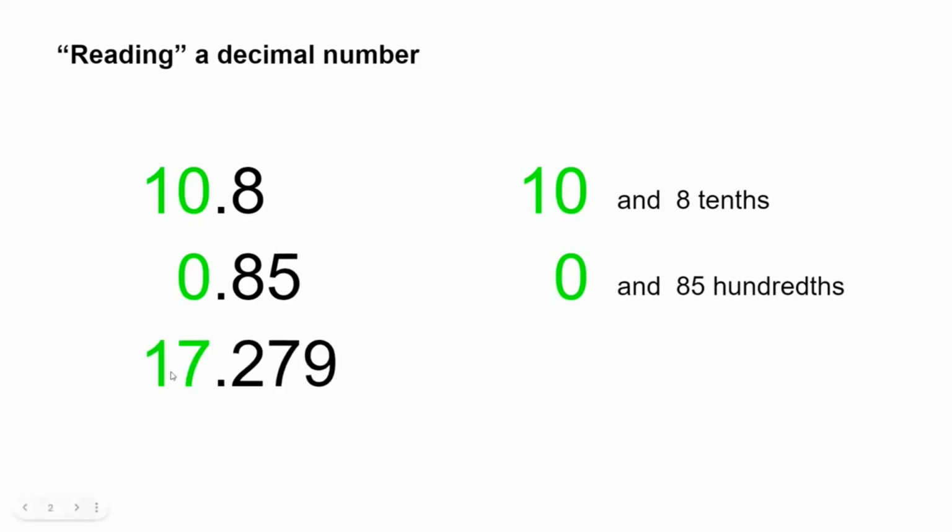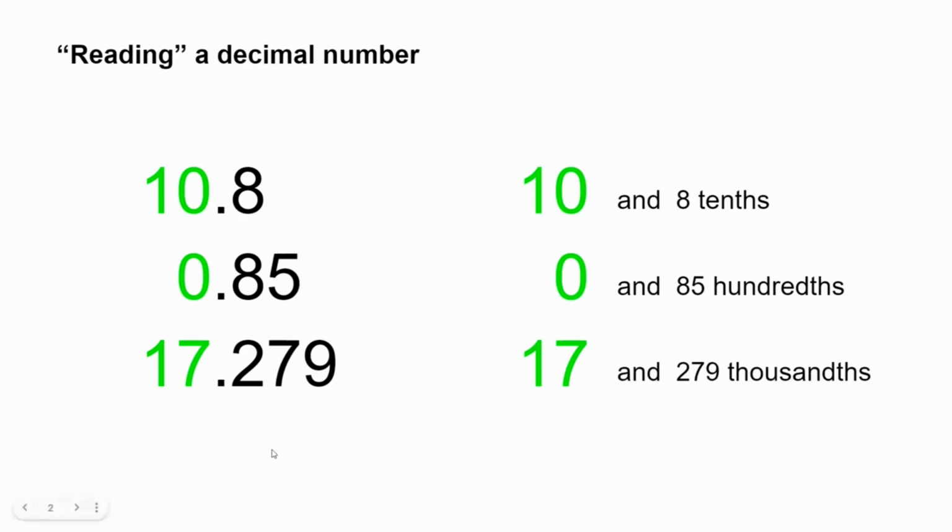Last example, 17.279. As you might have expected, now we go out to the third decimal place. That's called the thousandth place. So hopefully you're following the pattern here, 17 whole units and 279 thousandths.